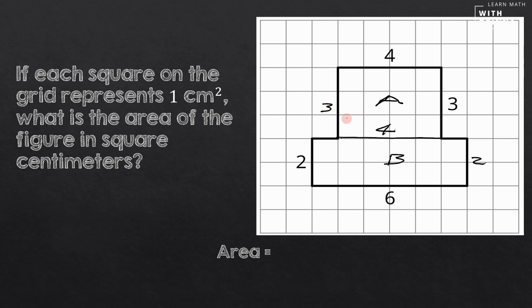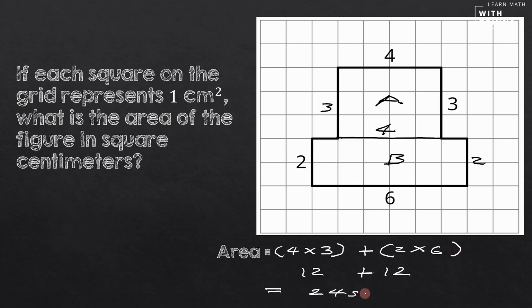So the area of this rectangle is still length times width, which is 4 times 3, plus the area of the second rectangle B, which is 2 by 6. That is 2 times 6. 4 times 3 is 12, plus 2 times 6 is still 12. 12 plus 12 is 24 square centimeters.